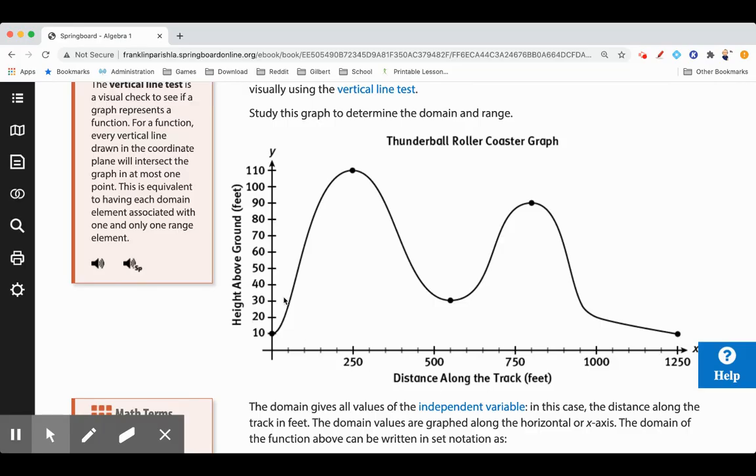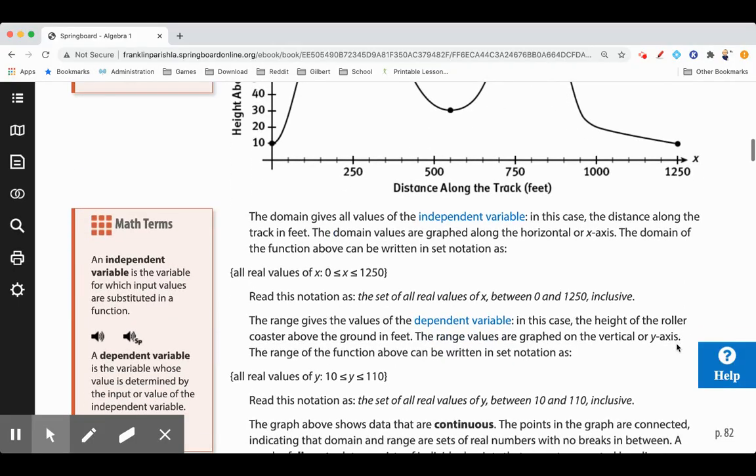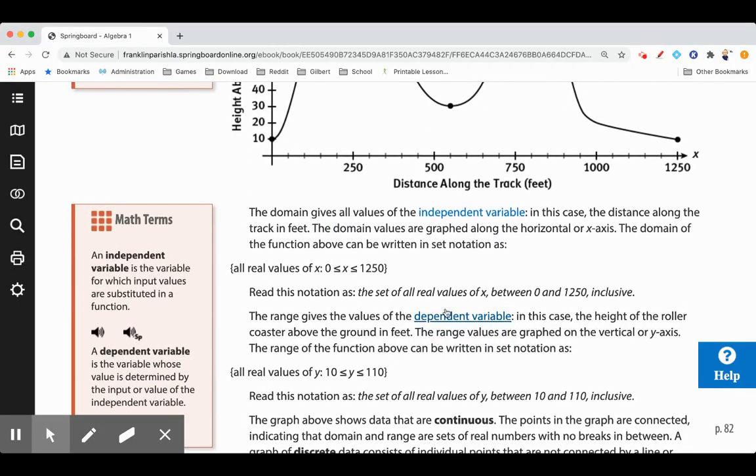So the height starts off at 10 feet above the ground. You go up to 110, then you go down to 30, and then up to 90, and then down until it ends at 10. So the height, that's the height of the roller coaster.